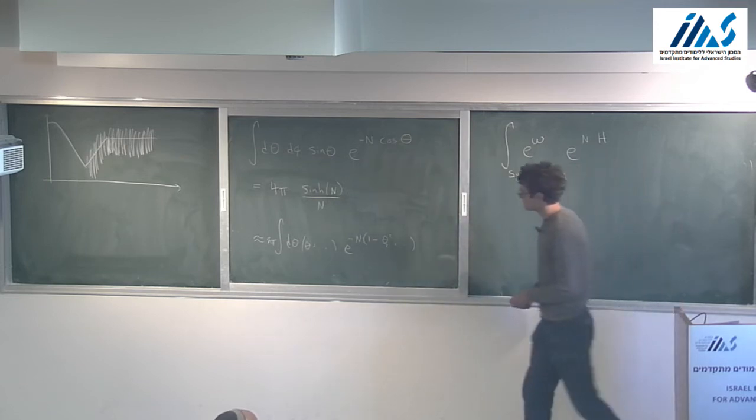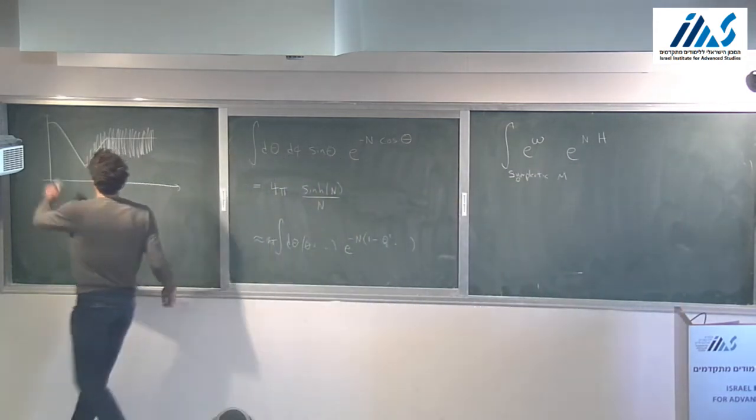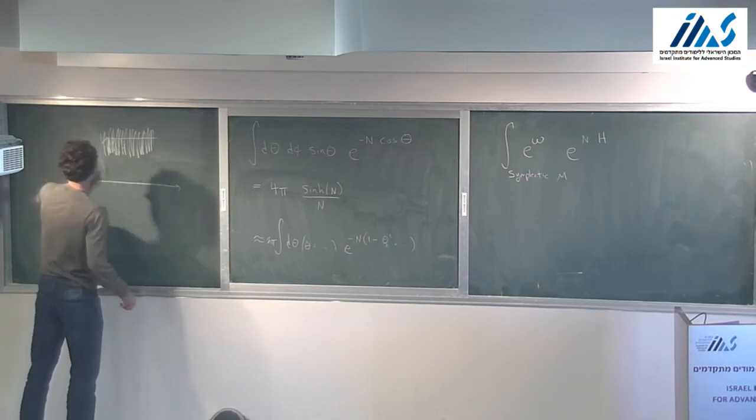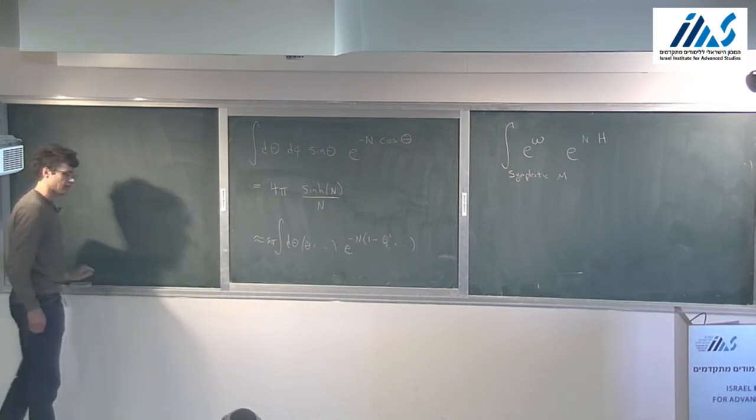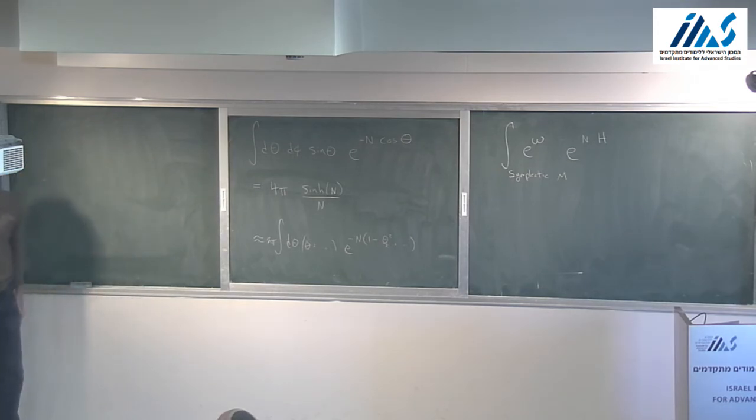Now, why is that relevant? We're going to want to calculate the Schwarzian path integral exactly.